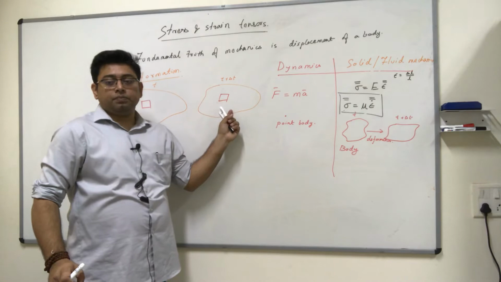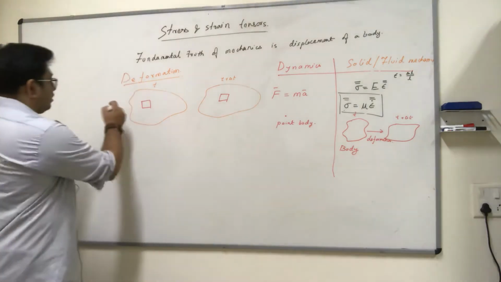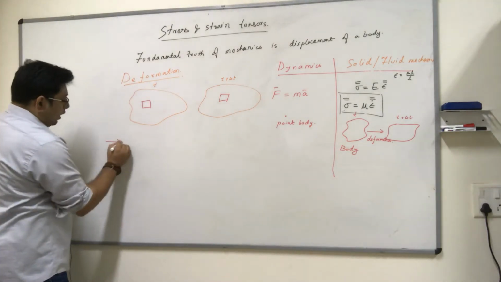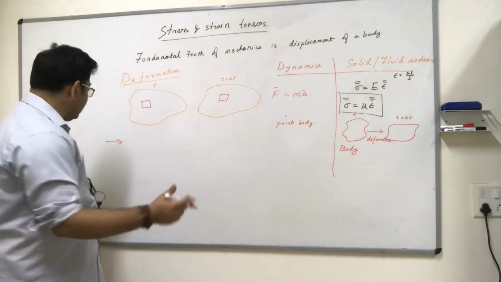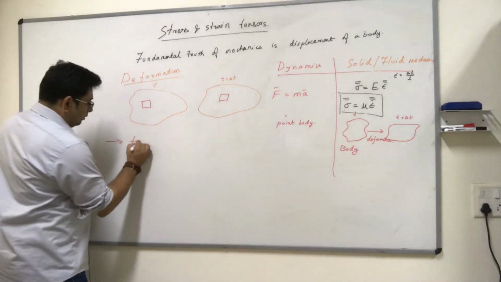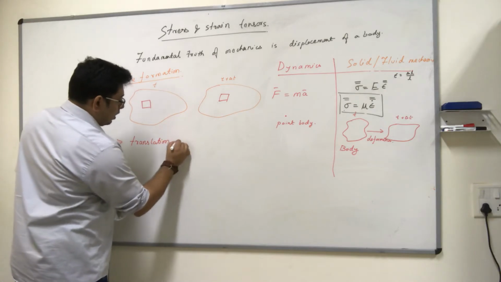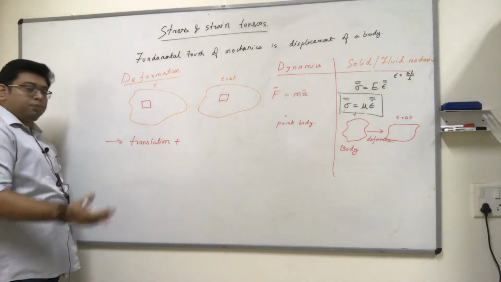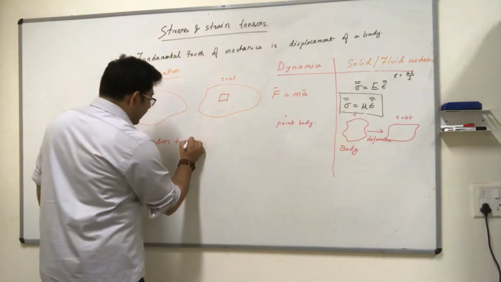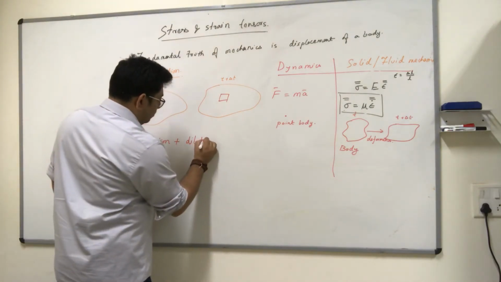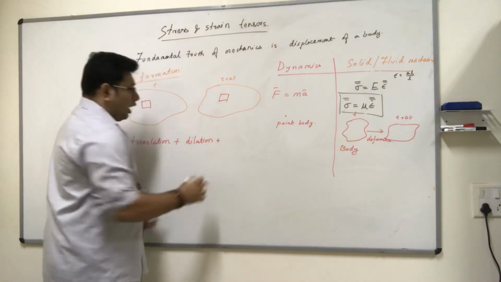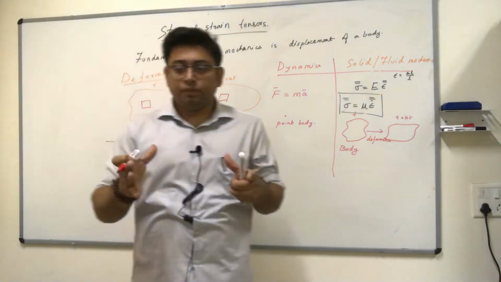then you will see that only certain types of deformations are possible, and that's exactly what we were discussing last time. The first was translation. Superimposed on that, you can have another, dilation, which is a scaling of this box.